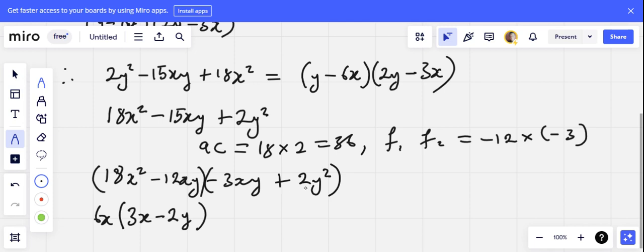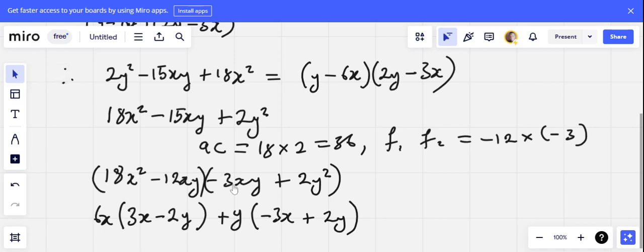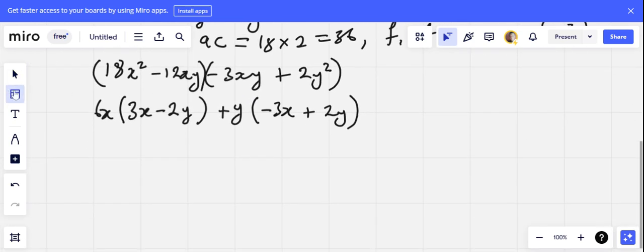Then here we can factor out only y, that will be y into minus 3x plus 2y. Since they are not looking the same, we have to make them look the same.